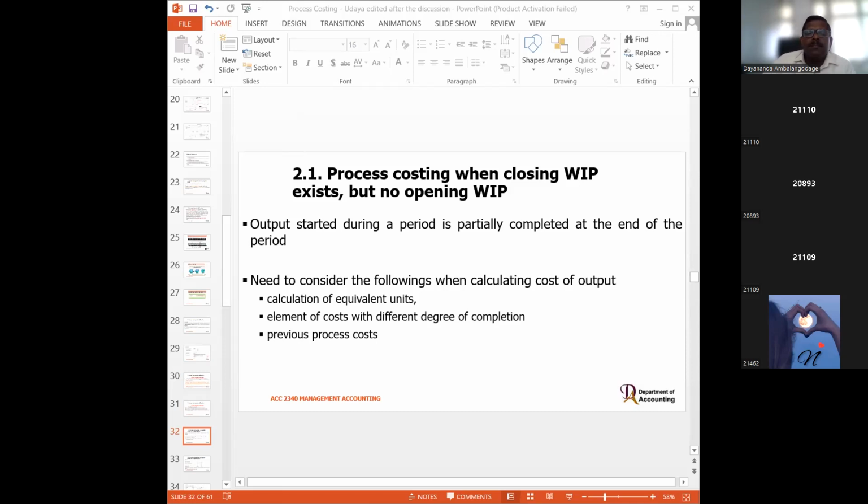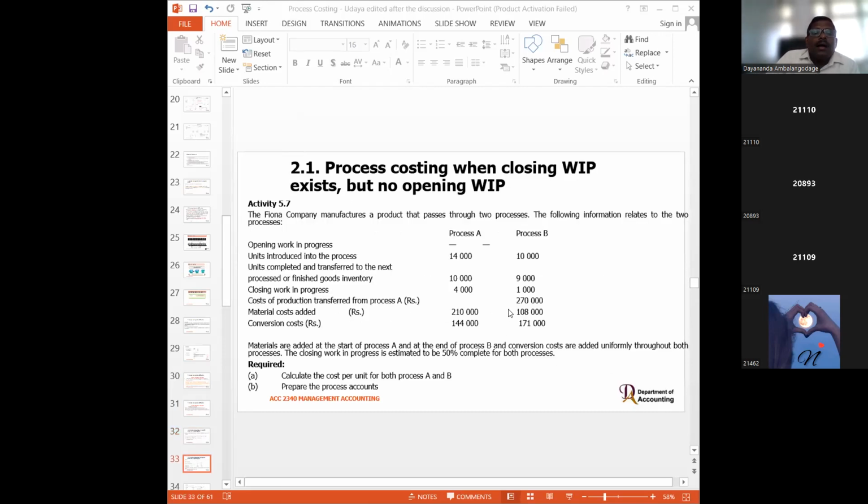Shall we go to the example just to understand this? The company manufactures a product that passes through two processes. The following information relates to process A and process B. Opening WIP is not there, because we are talking about this particular example without opening.